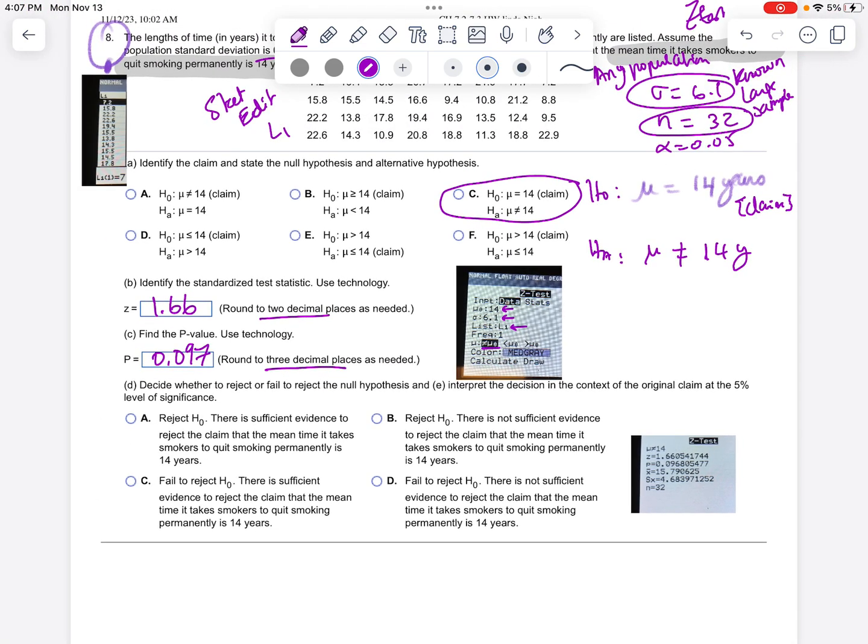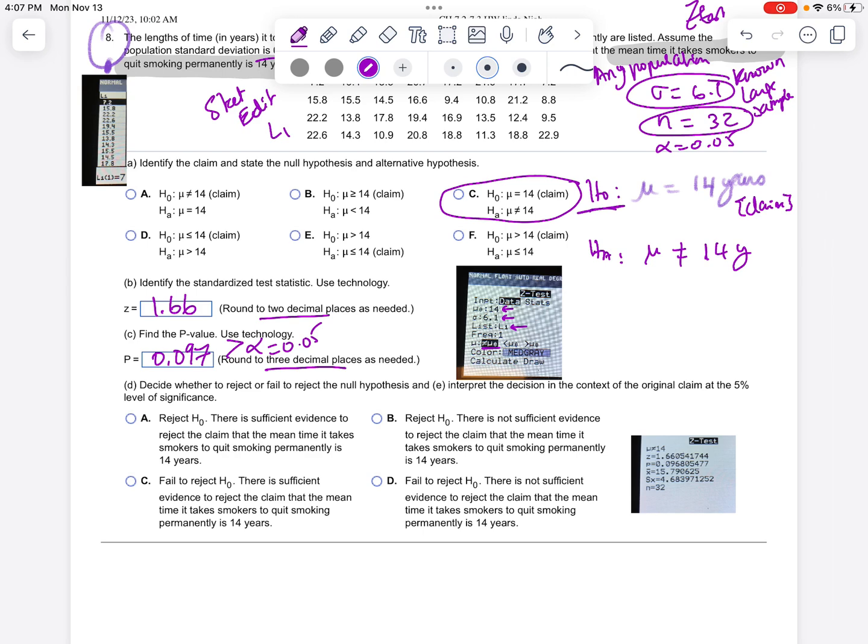Once you have that, then you can make a decision. You compare the alpha to the p-value, so this guy is greater than alpha. So you're going to fail to reject the null. If you fail to reject the null, then remember where your claim is: in the null.